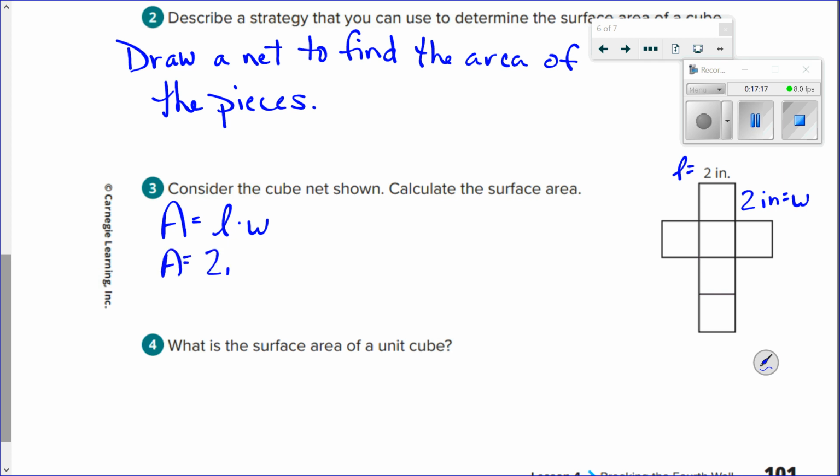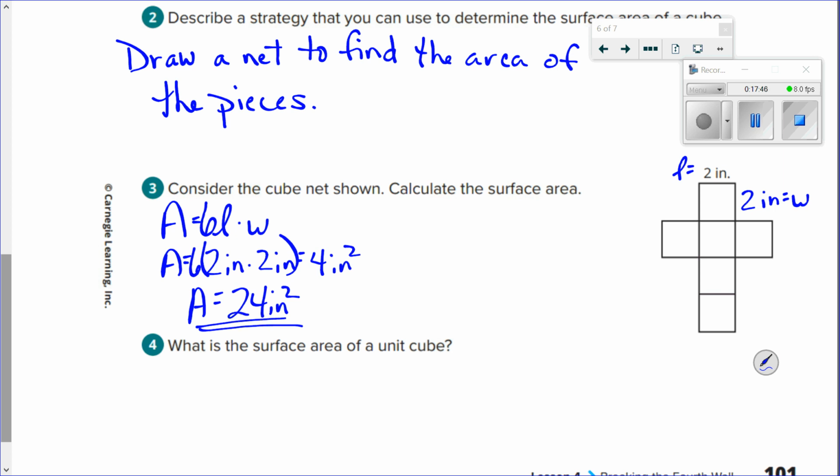Area equals 2 inches times 2 inches is 4 inches squared. But the other piece of information we said was how many of these are there? 6, and they're all identical, right? So for a cube, I could say it's 6 times the length times the width, or 6 times that quantity, which gives me 24 square inches.